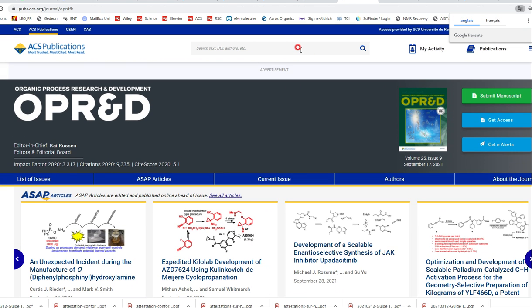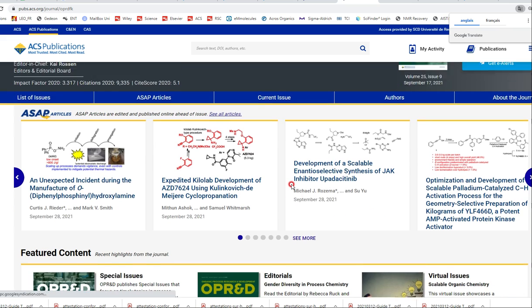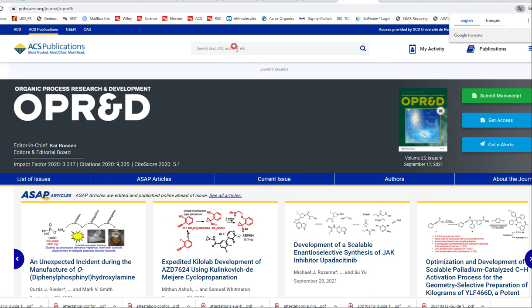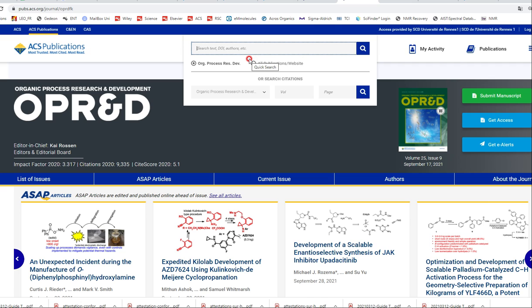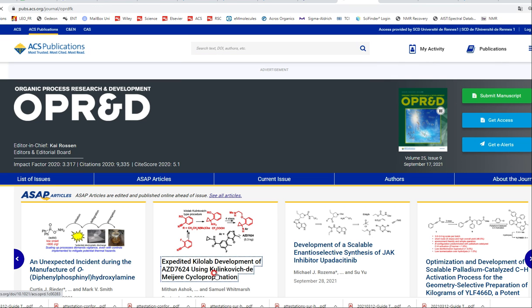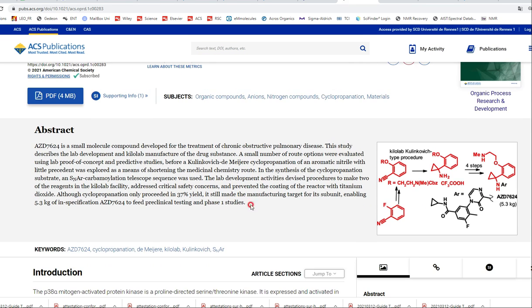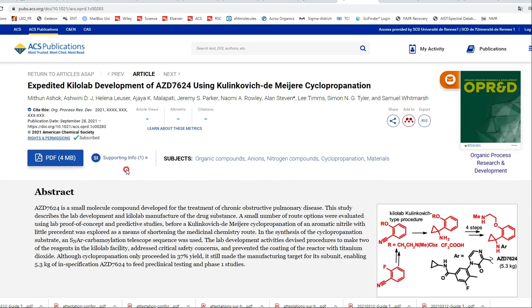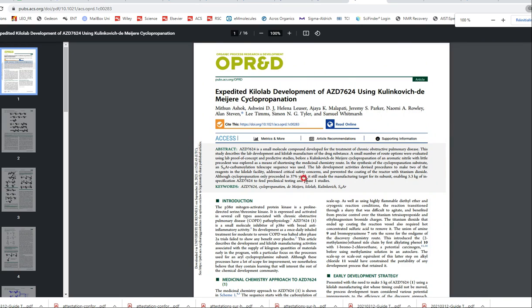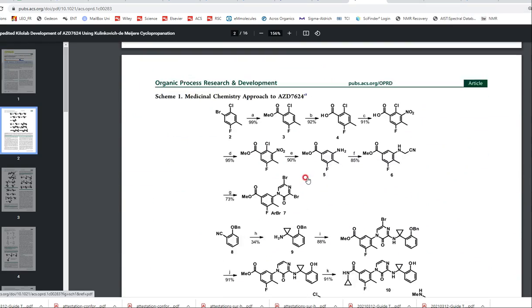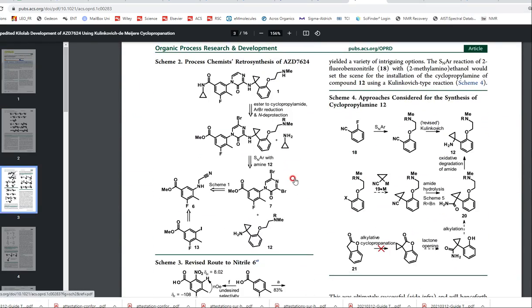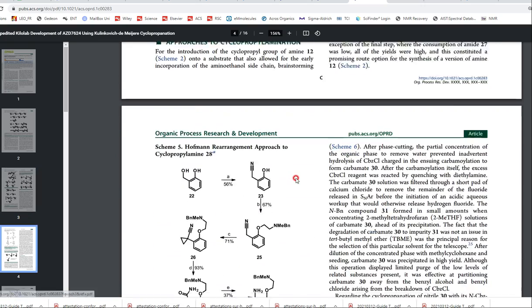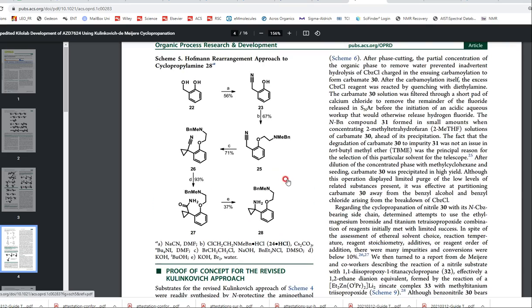Because many reactions are from industrials, which means these people really have upscaled and optimized the reactions, and you can be sure that the reactions which are described therein, for example, here a Kulinkovich reaction, so this is a reaction which sounds more exotic if you hear it in the lectures, but you see it actually has a lot of applications in synthesis, so for 3-membered cycles and so on.